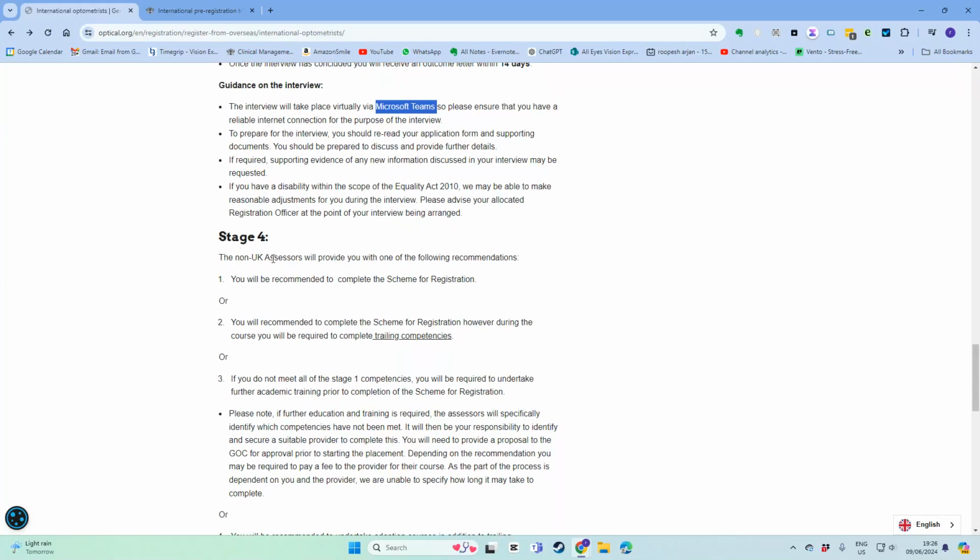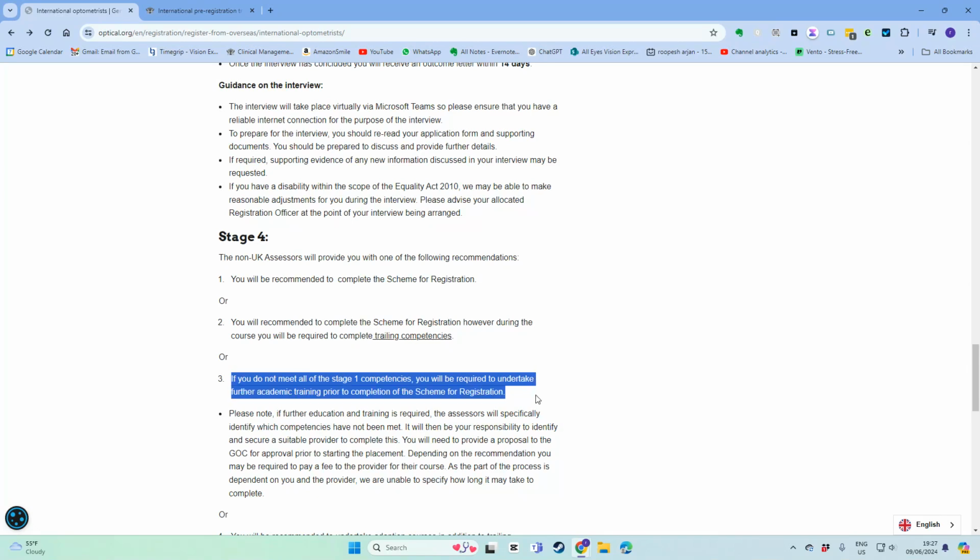So, following recommendations, recommended to complete the scheme for registration, and this is the one that you want. You want to hit that standard. The trailing competencies, if you have to do them, you have to do them. And if you do not meet all of the stage 1 competencies, you'll be required to take further training.